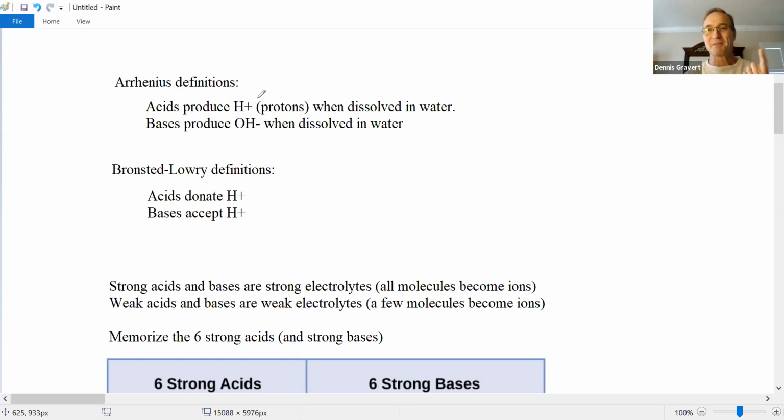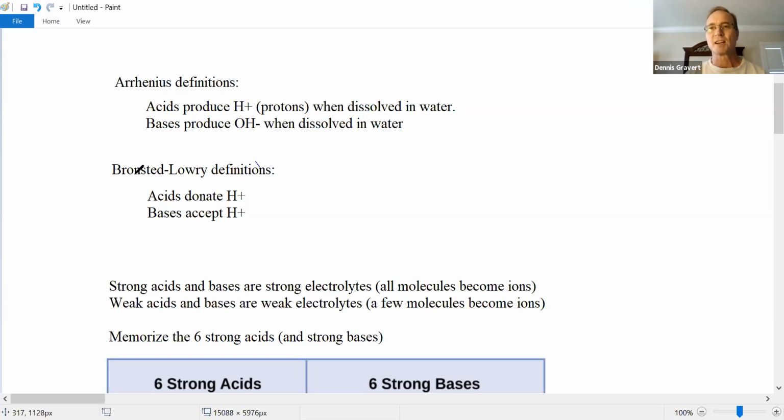Element number one on the periodic table has one proton, one electron. And if hydrogen loses its one and only electron, you simply have a proton. It's not even a full atom. Okay, so acids produce those protons, H plus ions, when they dissolve in water. Bases, however, produce hydroxide ions. Now that's not a complete definition, but it got us started when early chemists were thinking about acids and bases.